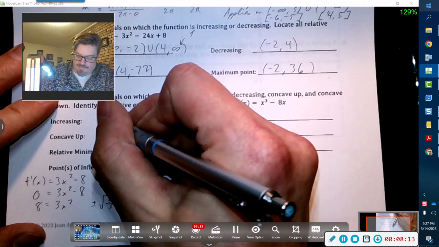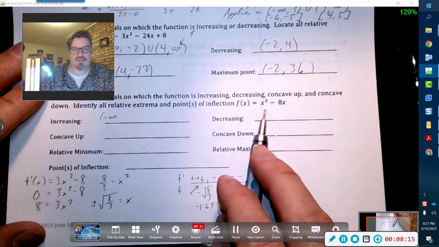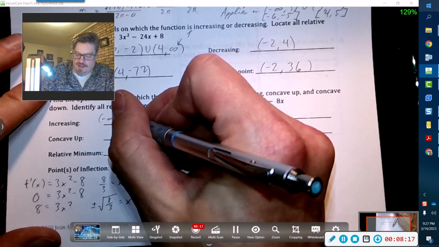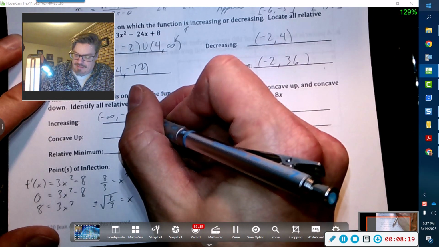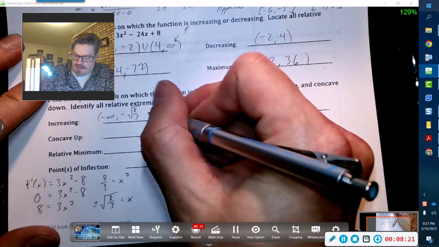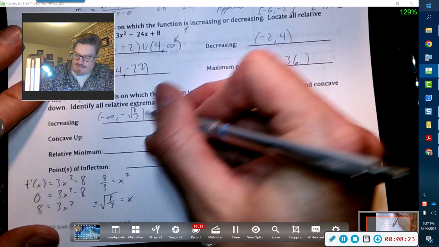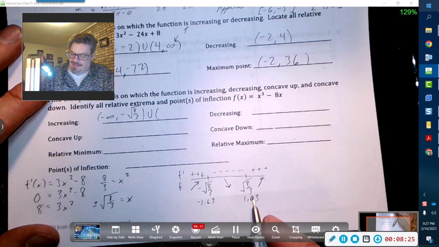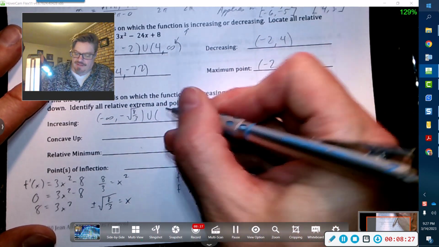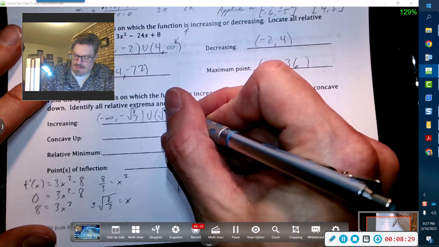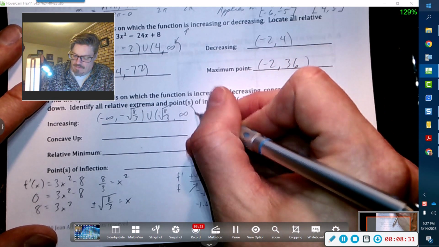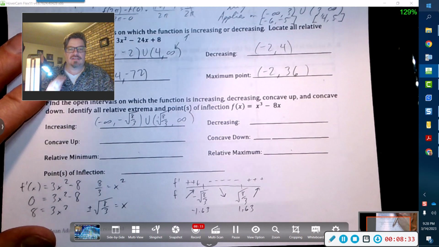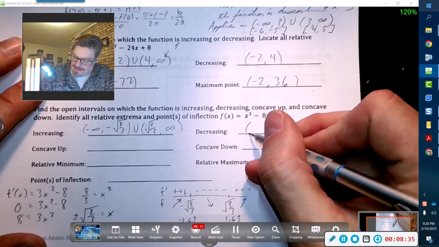So we go from negative infinity, this is a continuous cubic, to minus radical 8 over 3, and then he's going to pick it up again on the positive side of things. You can leave it just like that, totally fine. Decreasing is happening in between.